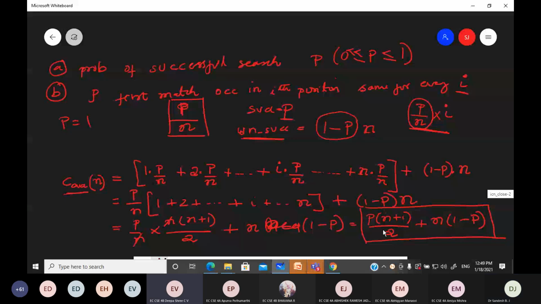N plus 1 by 2. So on an average, it is going to check half of the array, N plus 1 divided by 2, if probability of successful search is 1. If probability of successful search is 0, then how many comparisons will we make? N comparisons we will make.